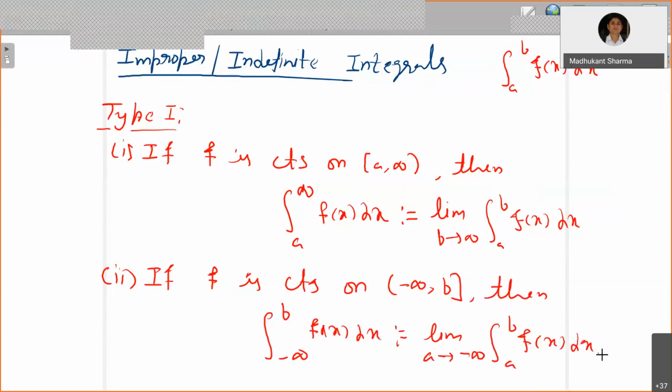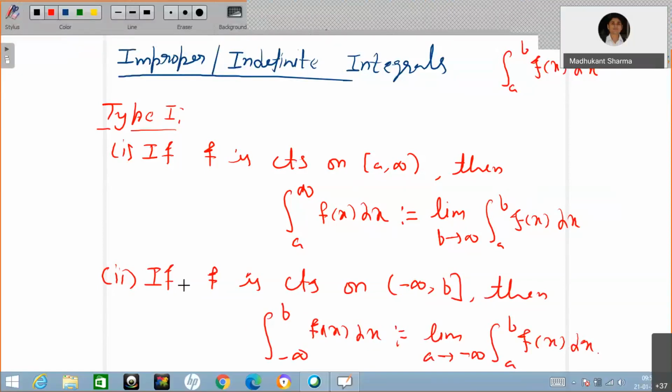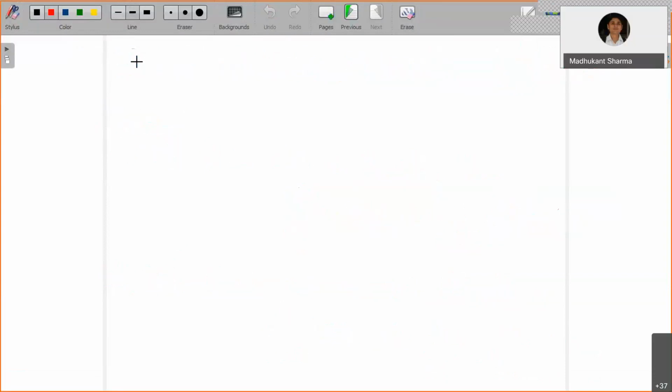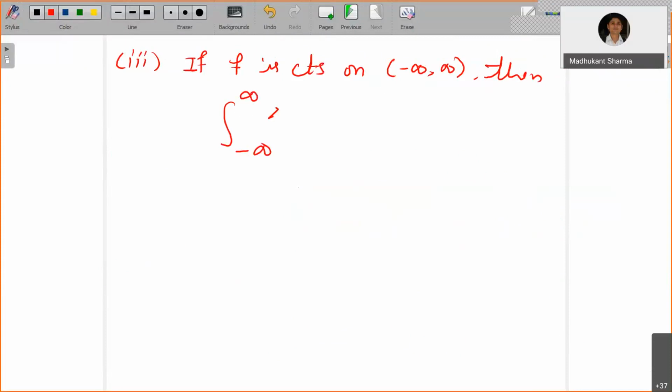Now, if f is continuous on the whole real line, how will you define this? The third point is, if f is continuous on R, or on minus infinity to infinity, then integration minus infinity to infinity of f of x dx.